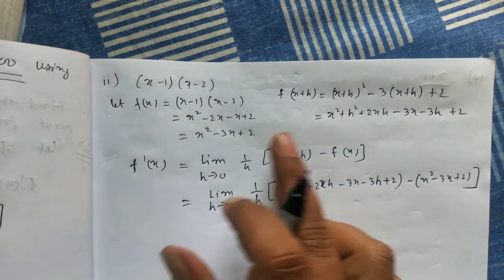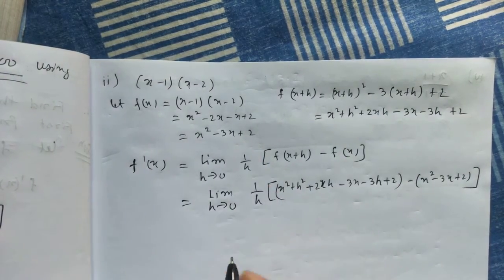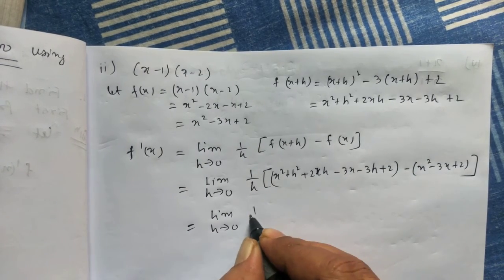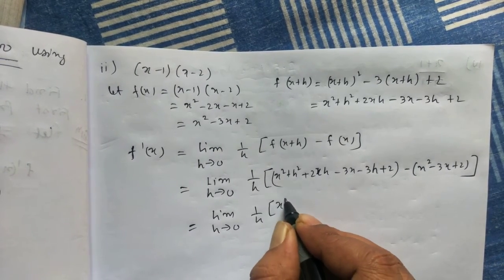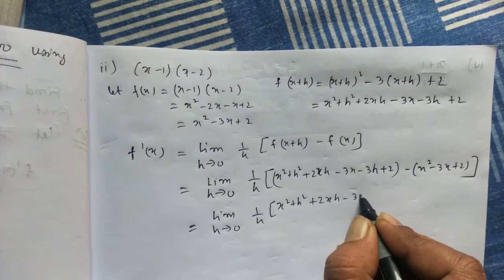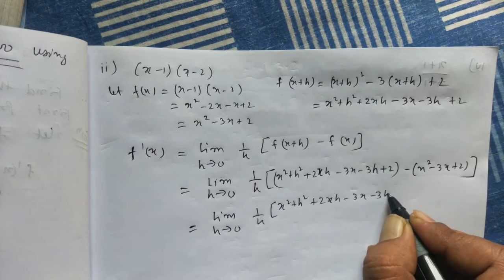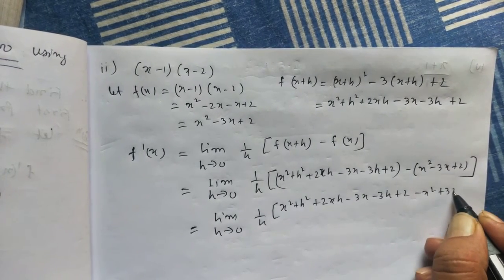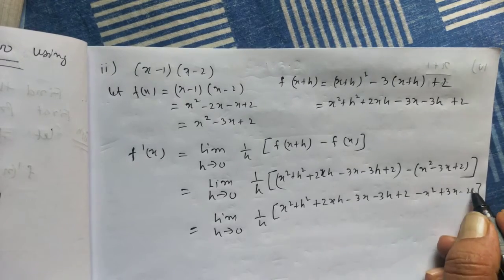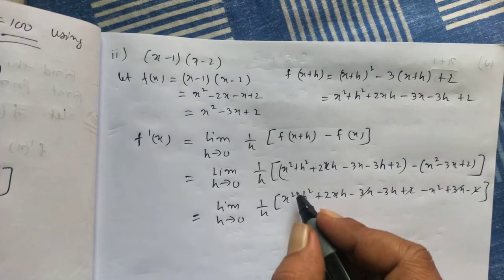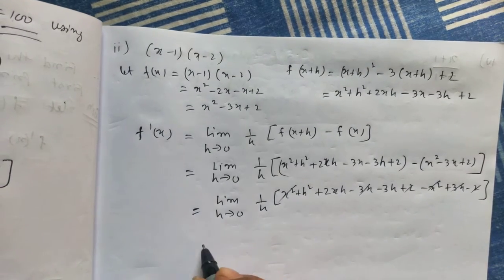This is f(x), this is f(x + h), this is f(x). Now remove the bracket: x² + h² + 2xh - 3x - 3h + 2 - x² + 3x - 2. 2 minus 2 cancel, 3x and minus 3x cancel, x² also cancels.